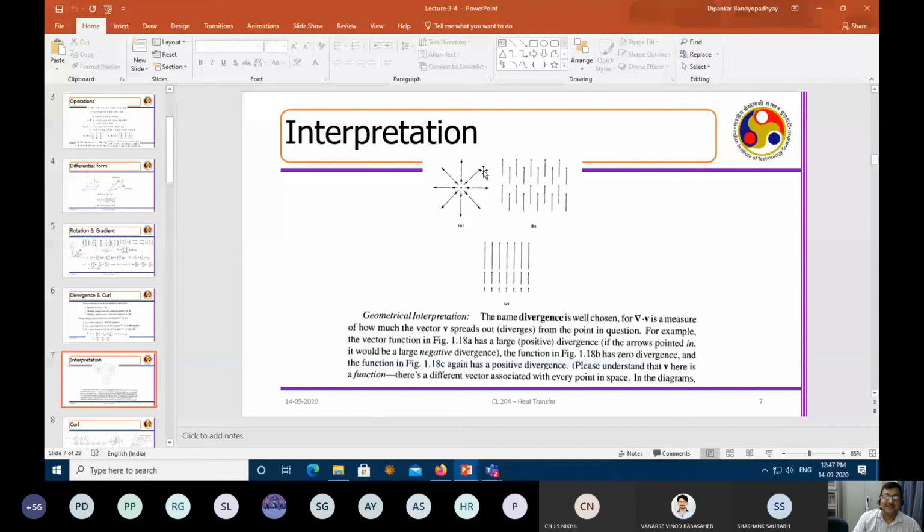You can imagine that for a compressible flow, along a streamline there will be a change in the magnitude of the vector, and you may see something like this and something like that. So this is a divergence free velocity field, and these are all the fields with some divergence.